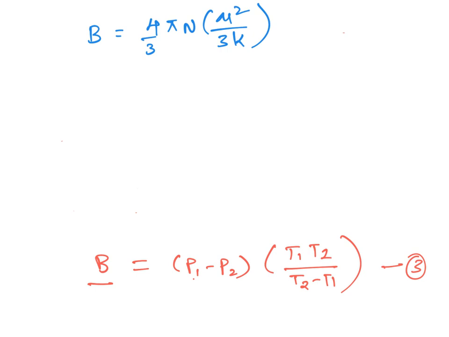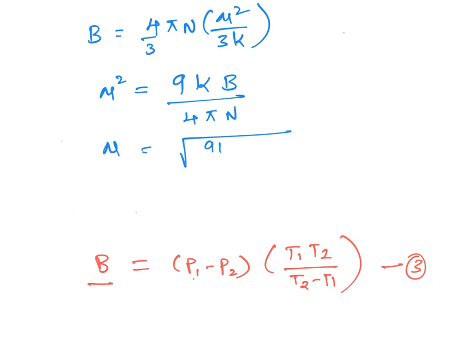The dipole moment term I am writing in this fashion: mu square equals 3 into 3, 9 kappa B by 4 pi n. If I remove the square, I get mu equals the square root of 9 Boltzmann constant B by 4 pi n, and this is the final equation. By knowing all these values, we can calculate the dipole moment.